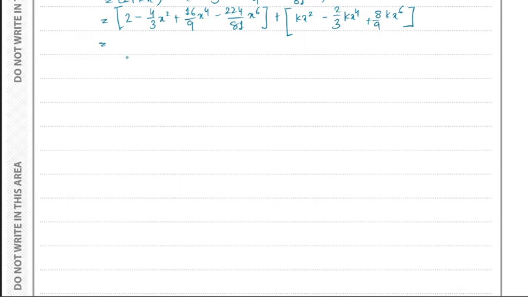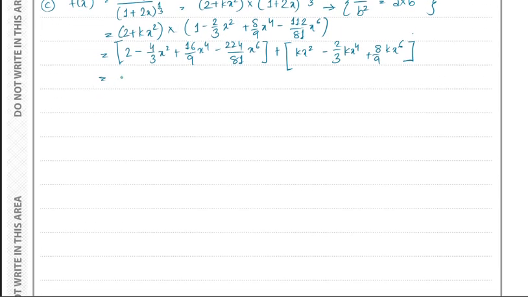So you can just expand up to this, and then we can write it in this form, bringing the same powers together. So 2, minus 4 by 3 x squared, which I will write with kx squared here, and plus 16 by 9 x to the power 4, which would be written with minus 2 by 3 kx to the power 4, minus 224 by 81 x to the power 6, which could be written with 8 by 9 kx to the power 6.